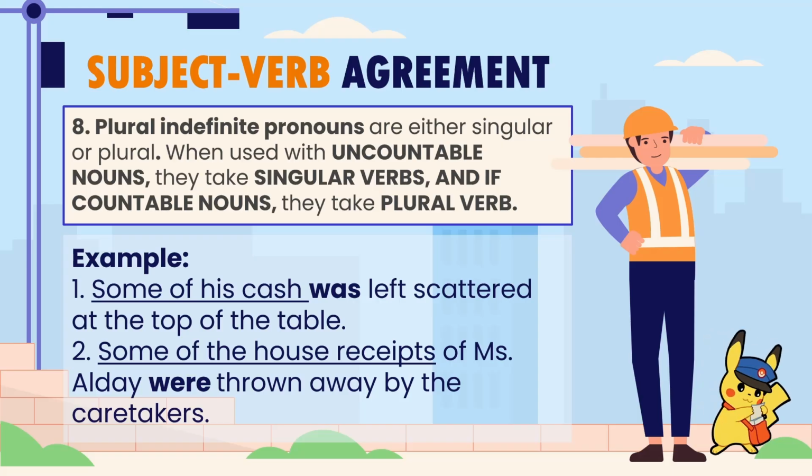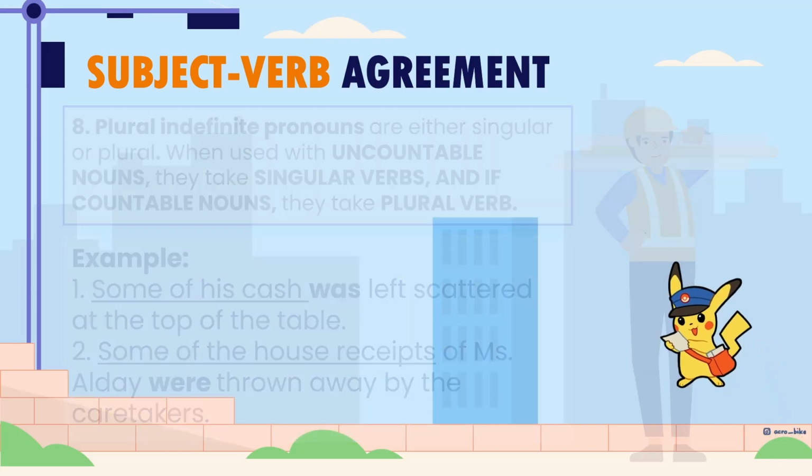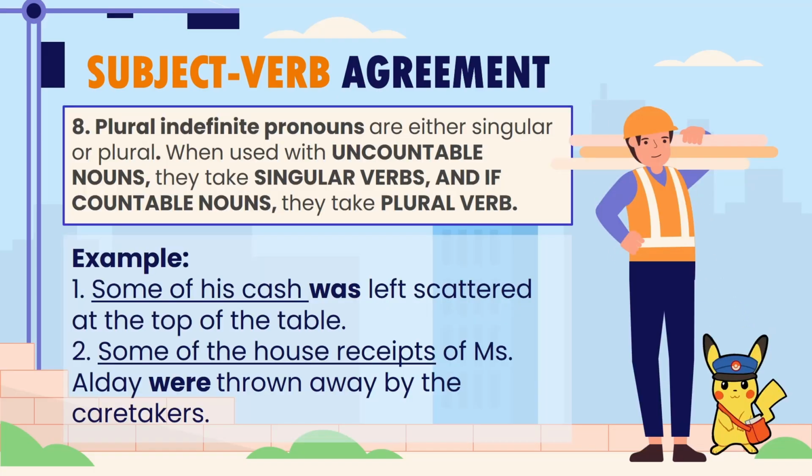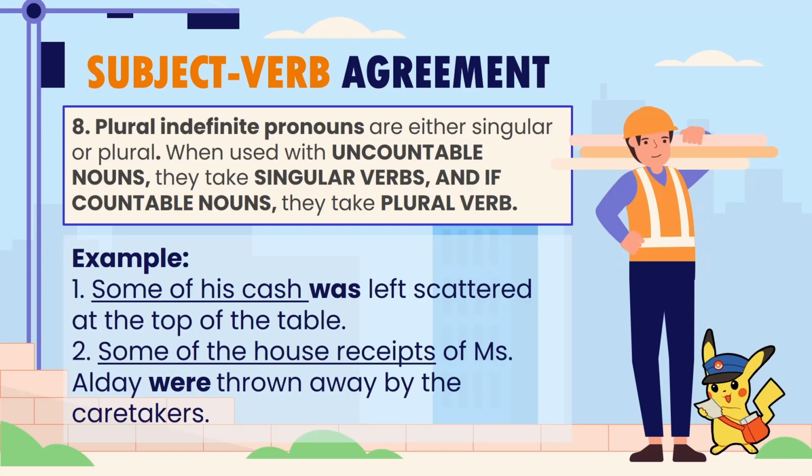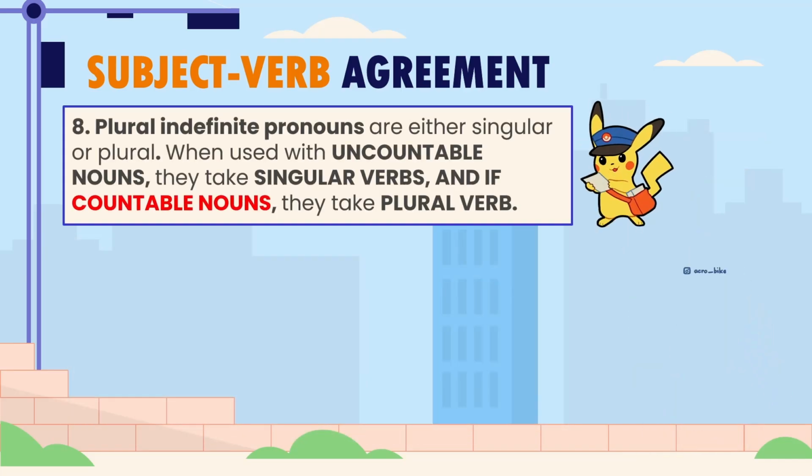Next, some of the house receipts of Miss Alday were thrown away by the caretakers. Since we use receipts, ang receipts na bibilang natin yan. That's why we use plural verb. Next, para hindi tayo malito dito, we will start with the countable nouns.